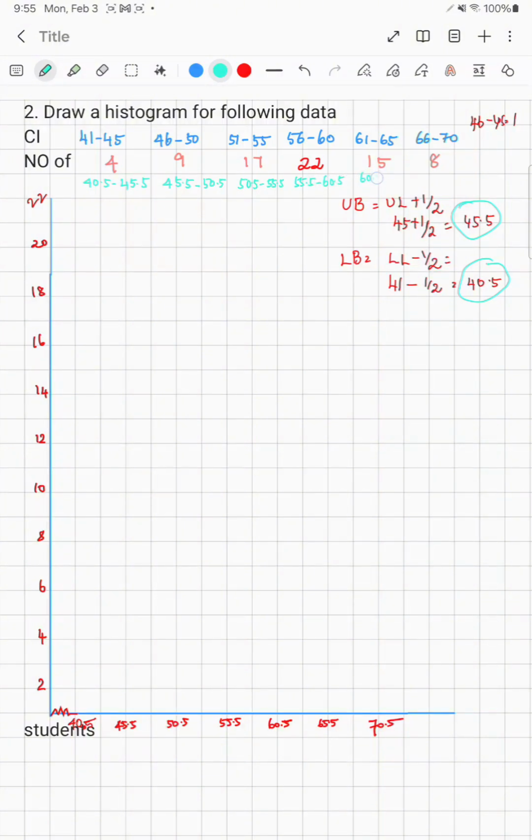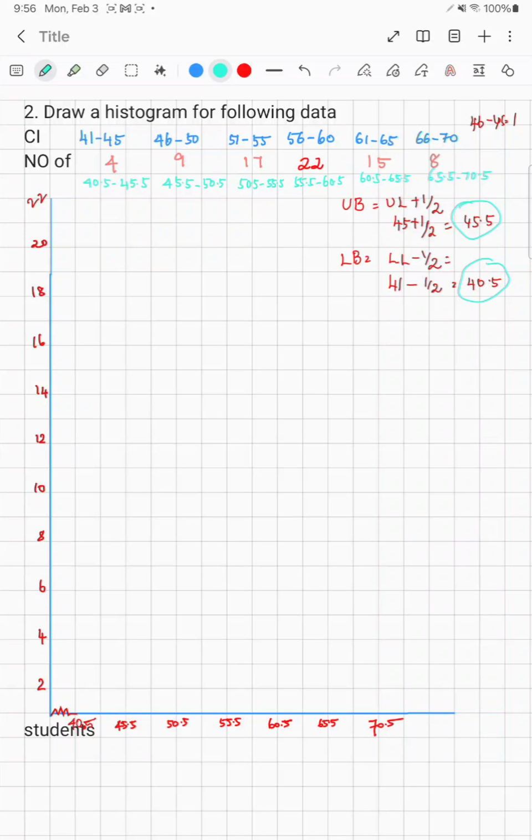This is 60.5 to 65.5. Then this is 65.5 to 70.5. Okay, this is the condition we have to apply and proceed. Before doing the graph, convert this data so that you can decide your scale.